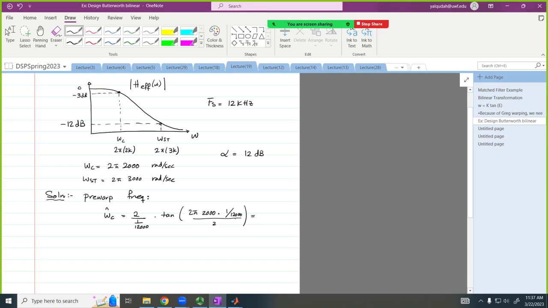And if I calculate this, it is going to equal 13,856 radian per second.